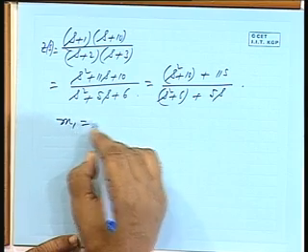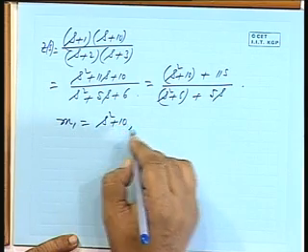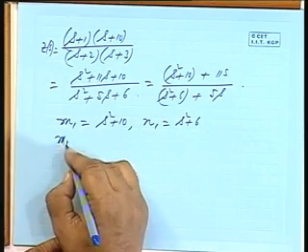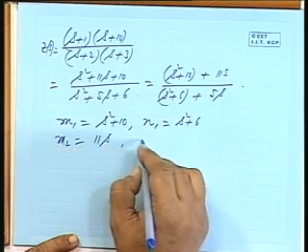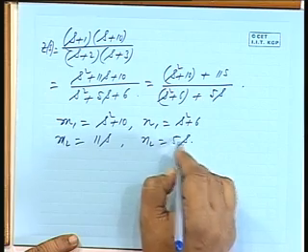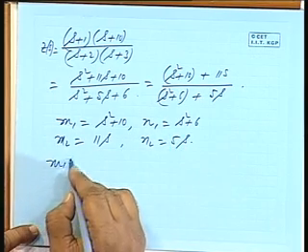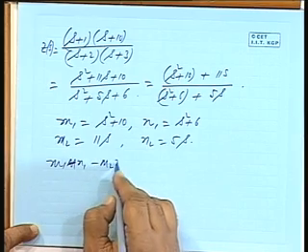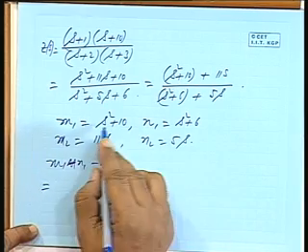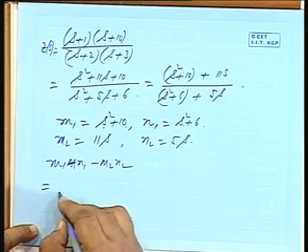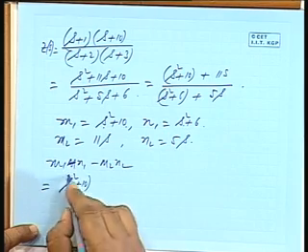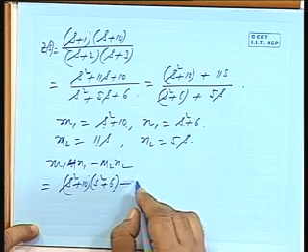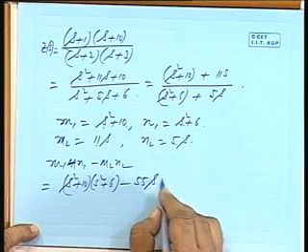m1 is s squared plus 10, n1 is s squared plus 6, m2 is 11s, n2 is 5s. So m1 n1 minus m2 n2 will become s squared plus 10 into s squared plus 6 minus 11 into 5, 55 s squared.